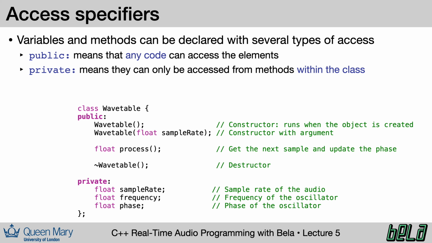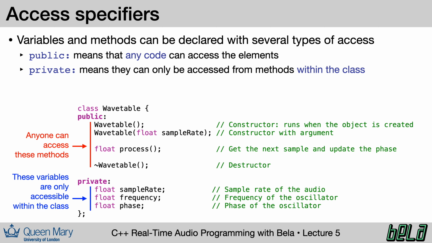A few more points of syntax before we specifically get into working with audio. You will see within class definitions these keywords called public and private, followed by colons. Any variables or methods which follow the public statement are accessible to any outside caller, whereas any variables and methods within a private statement can only be accessed from methods of that class itself.